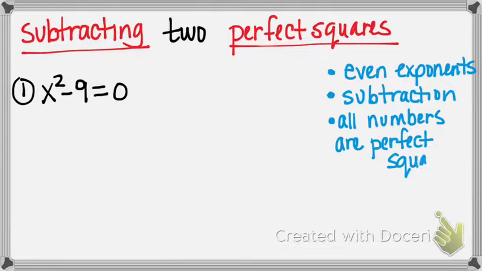And if you can say yes to these 3 things, it's really easy to factor. You don't need to make a box. It's a special pattern that doesn't require a box.